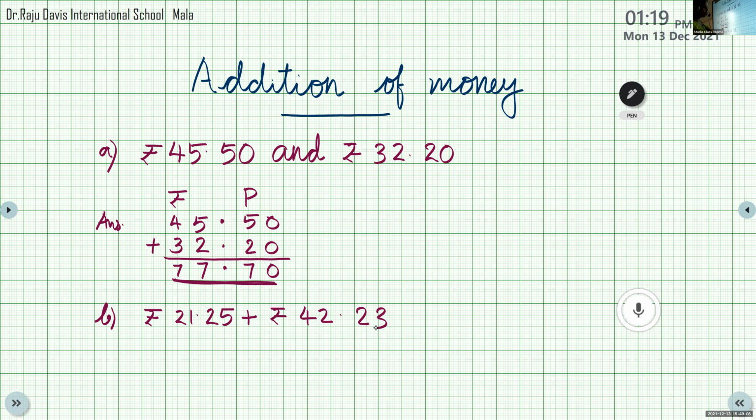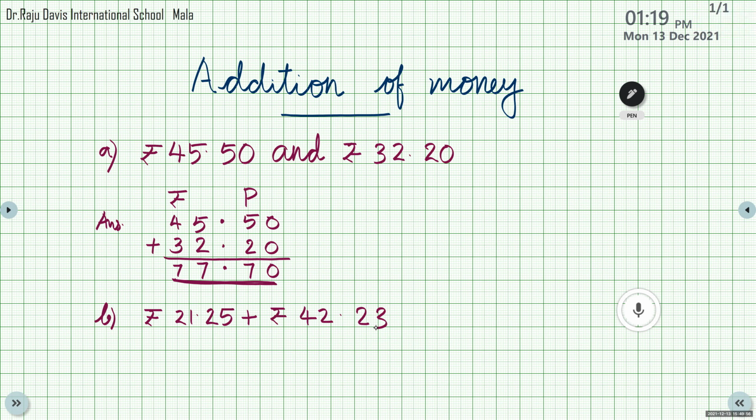The second one, 42 rupees 23 paisa. Please add.